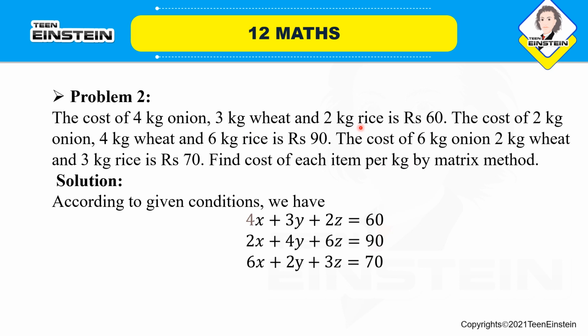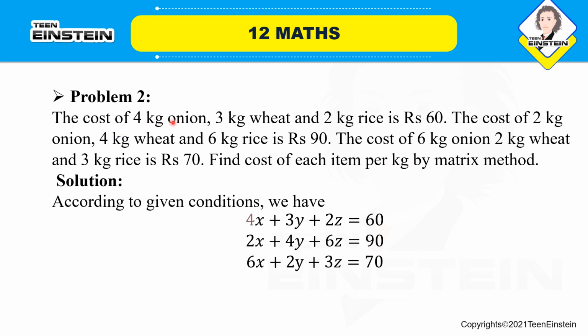Let us take X to denote onion, Y to denote wheat, and Z to denote rice. So here X is not the number of onions, X represents onion.